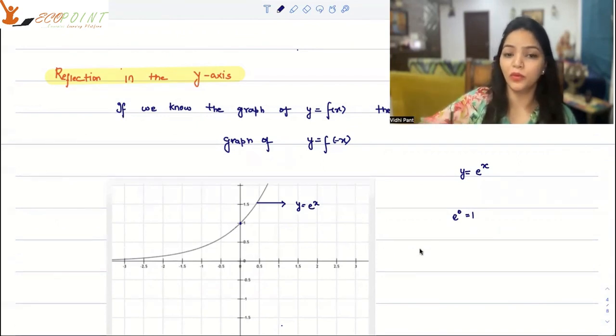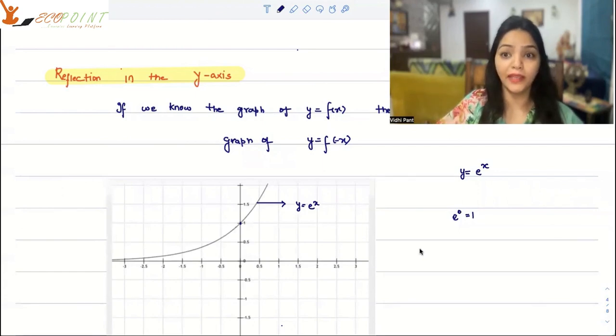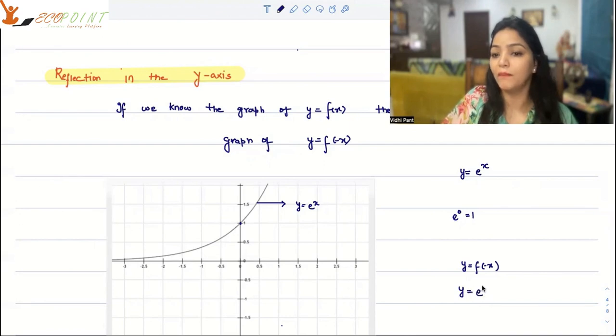Now, if you would want to see the reflection in the y-axis, what do we have to do? We have to look at y equals to f of minus x. That would mean that we are interested in the graph of e to the power minus x. Your input is minus x. For every x that you are taking up, the input turns into minus x instead of just x.